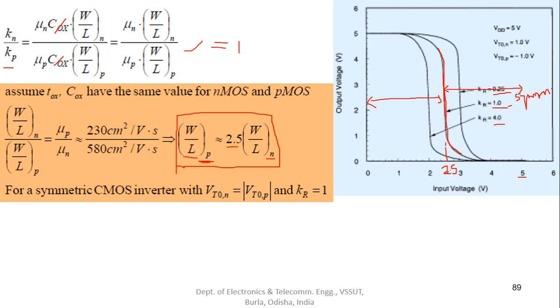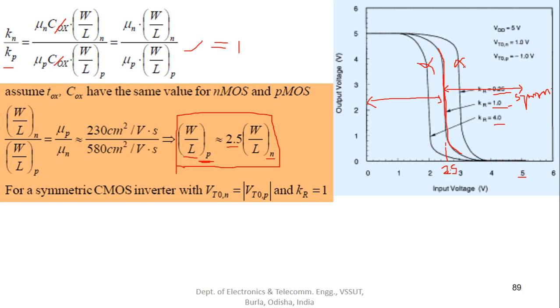So any VTC characteristic having this portion equal to this portion can be called a symmetric inverter, and this is not applicable for this, so we cannot call this VTC a symmetric inverter. This is how we can recognize, just by looking at a VTC characteristic, whether this VTC is for a symmetric inverter or not.